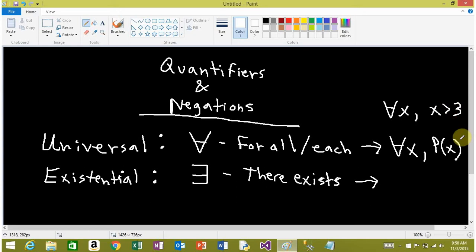And then if you wanted to do the existential statement, you use the backwards uppercase E, and you would have there exists an x. And then we'd use another symbol. This is called such that. And then p of x is true.